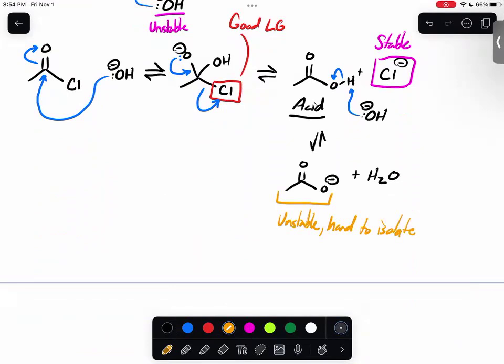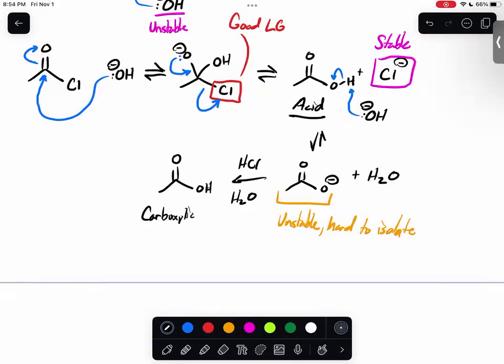So in the case of taking this and adding in HCl and water, I'm sure you can tell that HCl, being a strong acid, will protonate that negative charge, and so you'll end up with the actual carboxylic acid.